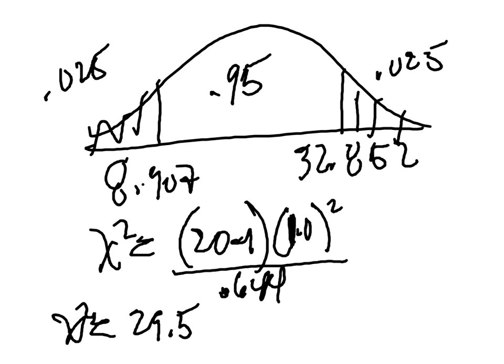All right, and of course 29.5 would not be in the critical region. This is very frustrating here, but I'm going to try to finish it off.